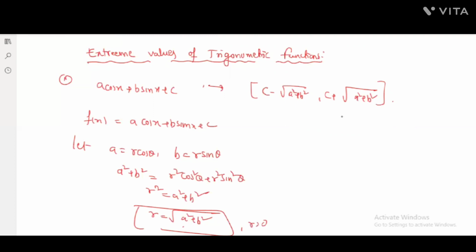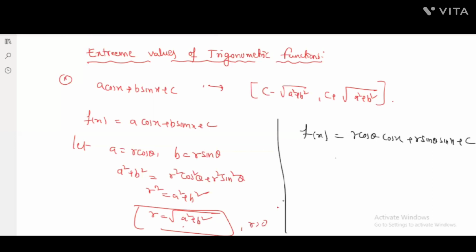If you substitute the values in f of x, f of x becomes r cos theta into cos x plus r sin theta into sin x plus c.